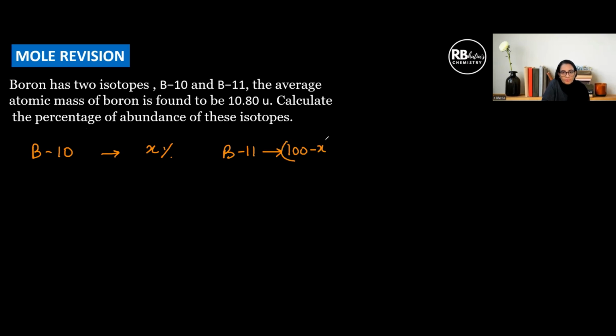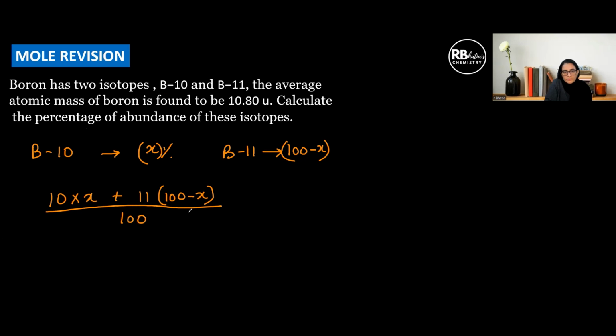Since we are talking about percentage, if one is X, the other will be 100 minus X. So 10 into X plus 11 into 100 minus X upon 100 should be equal to 10.8. That is the average mass that is given to us.